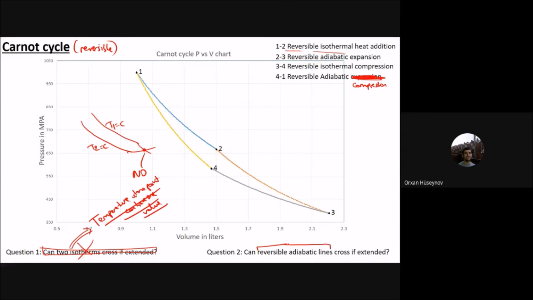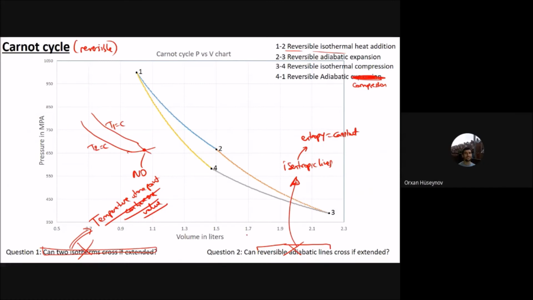You will see in the next slides that it is also impossible, because these reversible adiabatic lines are another thing called isentropic lines. Isentropic lines are lines where entropy is constant, and constant entropy lines cannot cross, similar to this one, because at one point you can have one entropy value. At one point you cannot have two entropy values. That is the definition of the isentropic lines.